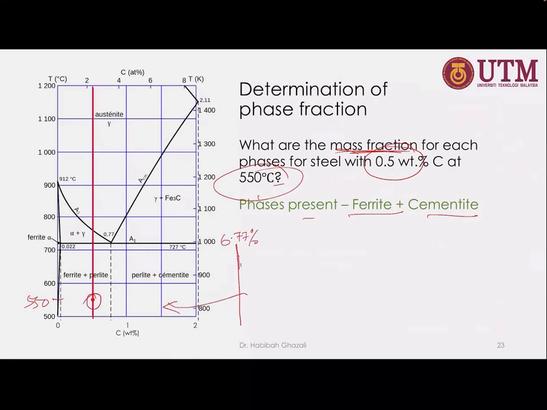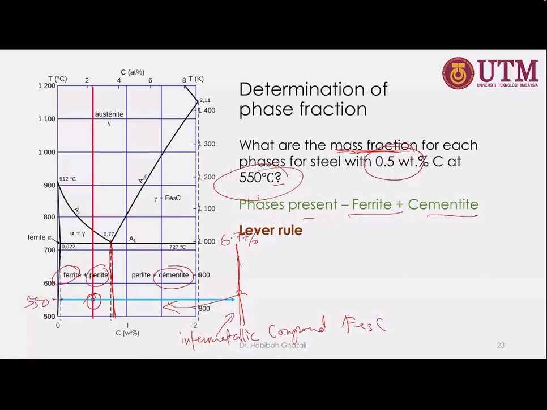A vertical line means it is an intermetallic compound of cementite. So that's the reason you have cementite and ferrite. Where does pearlite come from? Pearlite comes from this center point.